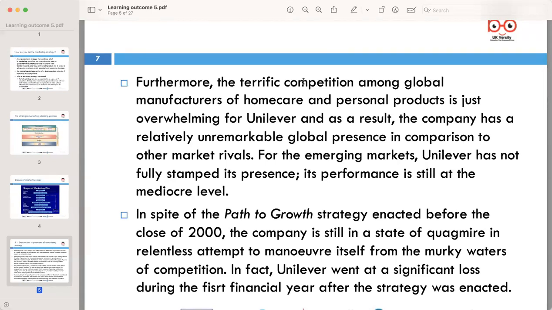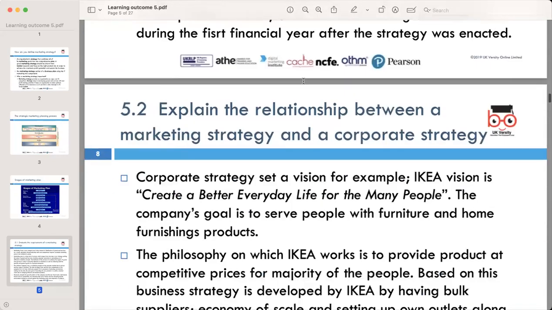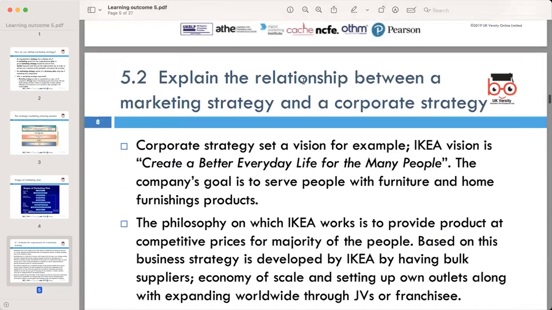Despite implementing the Path to Growth strategy before the end of 2000, the company continues to grapple with competition and market challenges. In fact, Unilever incurred significant losses in the first financial year following the enactment of this strategy. Right. Any questions, issues, or concerns?